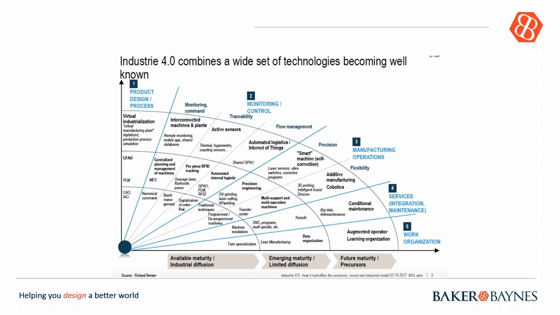And then moving on to that is, of course, service integration, maintenance of that factory, as well as work organization. But in our focus for today with factory utilities, this is where we can make the best use of having the factory tools, in the design process as well as in the process of the factory. So you can see it touches into the Industry 4.0 that we're trying to achieve.